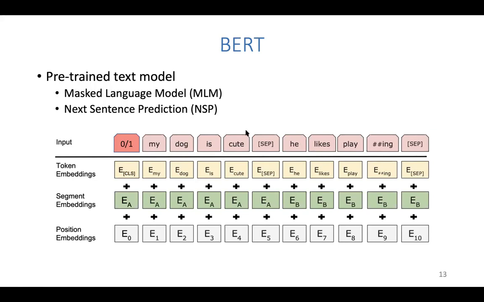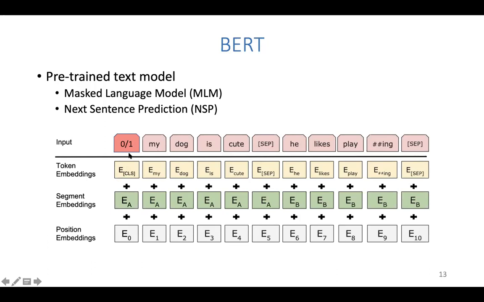So probably the true label for the CLS token is 1. But if the given sentences were "my dog is cute" and, for example, "people are buying a lot of Tesla cars," those two sentences are very much independent.